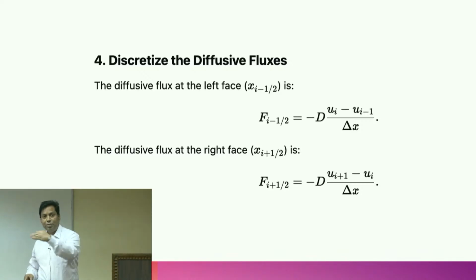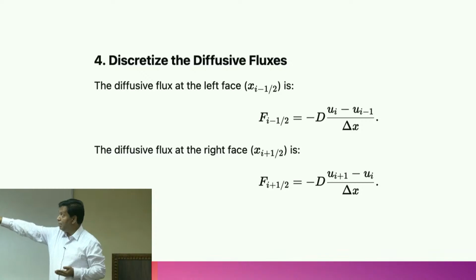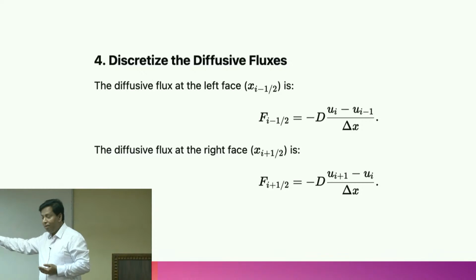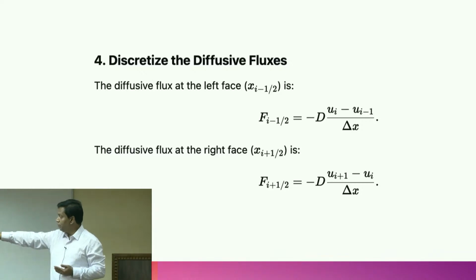Now the diffusive flux on the right phase is similar: minus D times (u_{i+1} minus u_i) divided by del x.